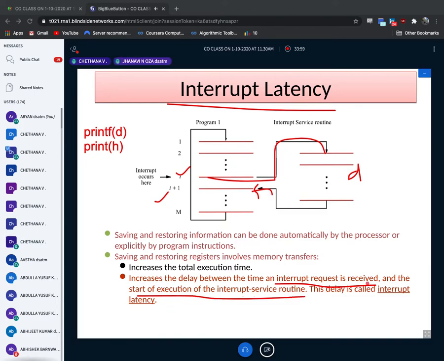The request is received by the printer, so with some time delay, and after it has been completely executed, it will take some time. All that will be considered as delay. Sometimes your printer may be busy doing some other work, and at that time I should wait here, right? Sometimes I should wait.